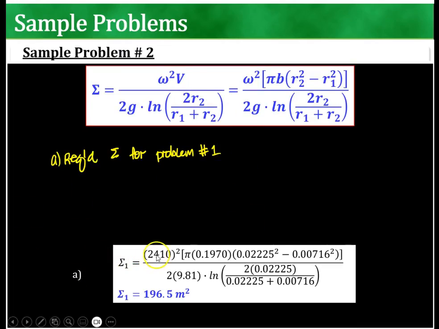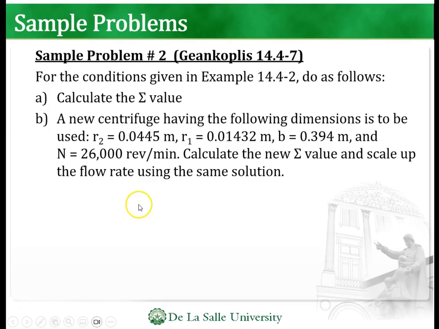Sigma for number 1: 2410 squared, that's omega squared, times pi times 0.1970, times 0.02225 squared minus 0.00716 squared, all over 2 times 9.81 times ln of 2 times 0.02225 divided by 0.02225 plus 0.00716. You'll get sigma 1, the characteristic for the first centrifuge, 196.5 square meters. So we already have an answer for letter A.